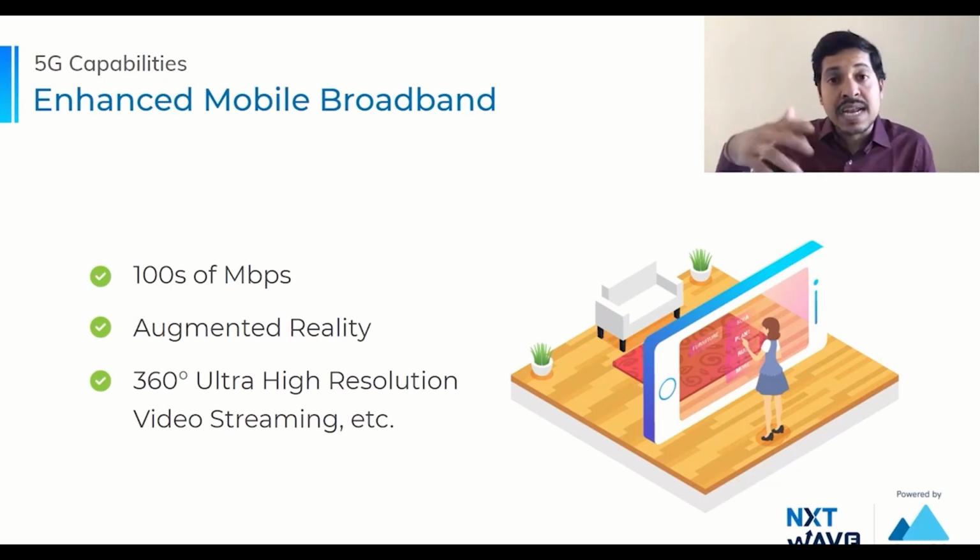We are going to need 100 Mbps or hundreds of Mbps of speed over our mobile networks. And 5G networks are expected to provide that capability. And that is the enhanced mobile broadband use case or capability.